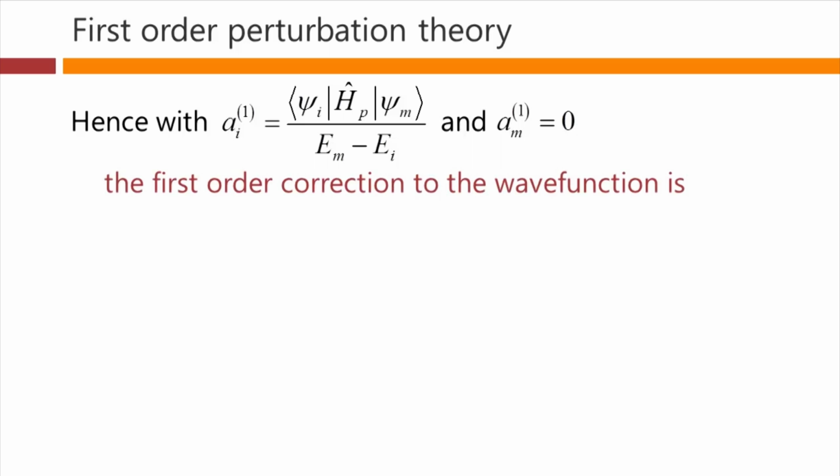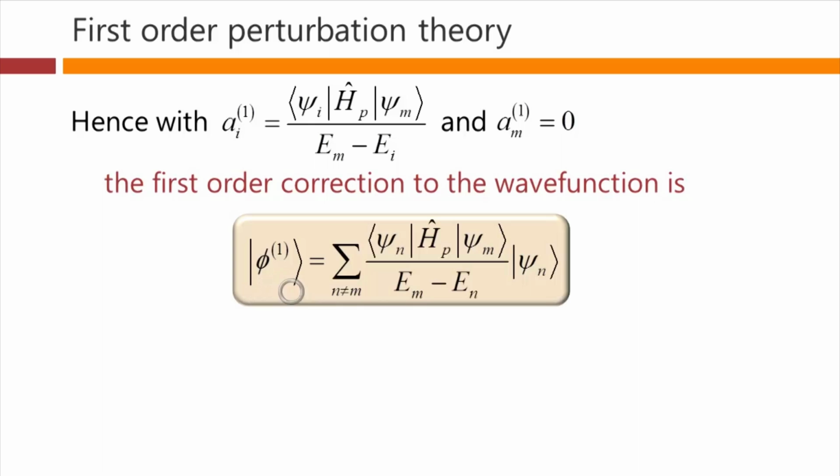So the first order correction to the wave function is given by this expression. Here are our expansion coefficients multiplying these original basis functions. The summation is over all n's except n equal to m. We are explicitly excluding that because of this statement here.